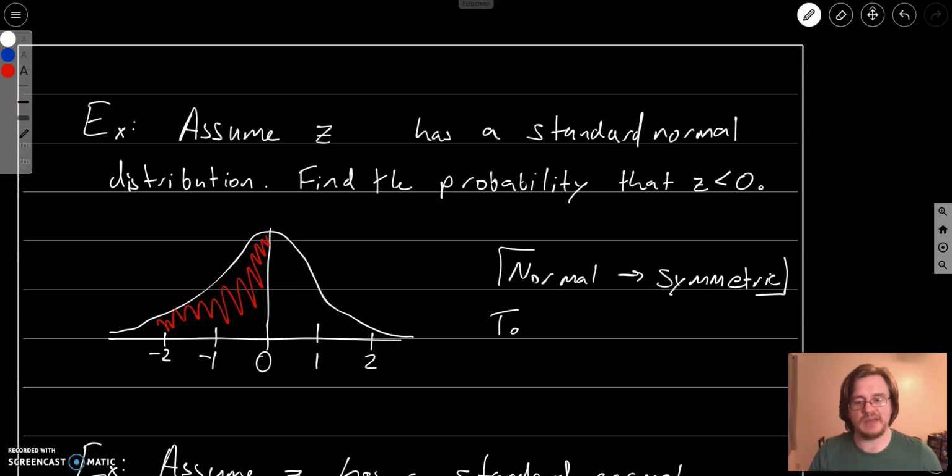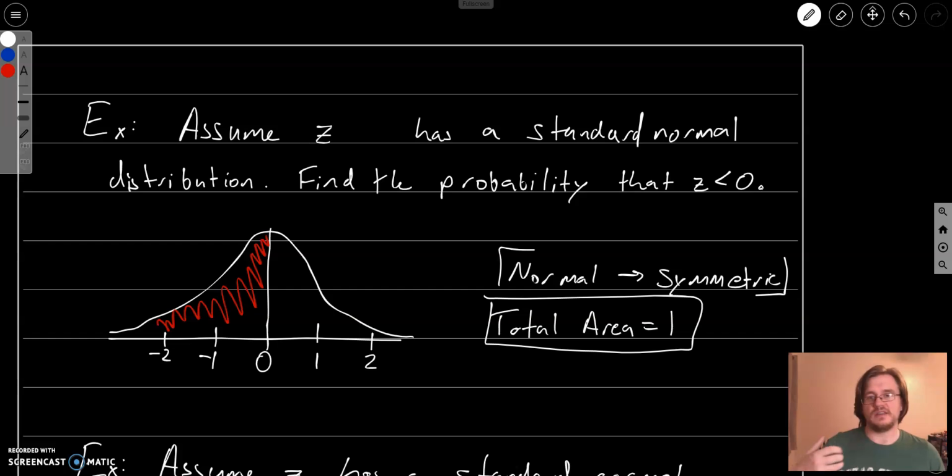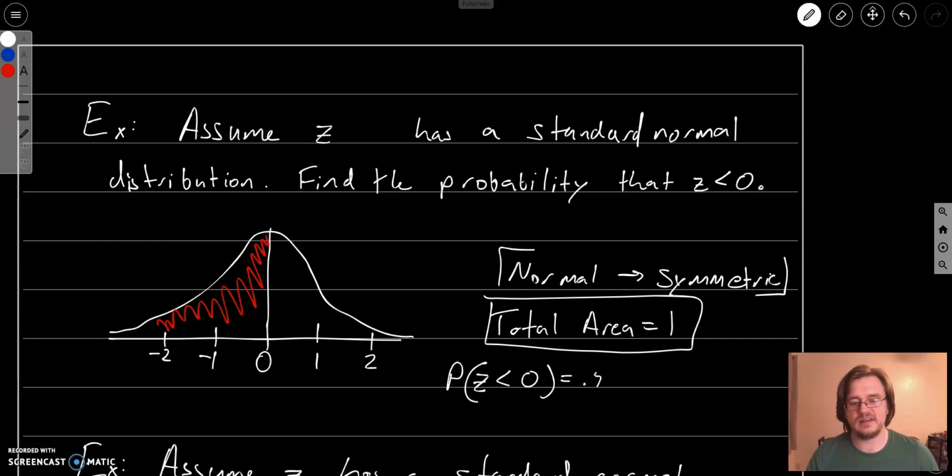So the other fact that we have to keep in mind is that the total area is equal to 1. How do I know this? The total probability has to be equal to 1. If you add up all the probabilities of everything that could happen, it has to add up to 1. So I know that what's just on the left-hand side of this, because this is perfectly balanced, this is symmetrical, that means that the probability that Z is less than 0 is exactly 0.5.